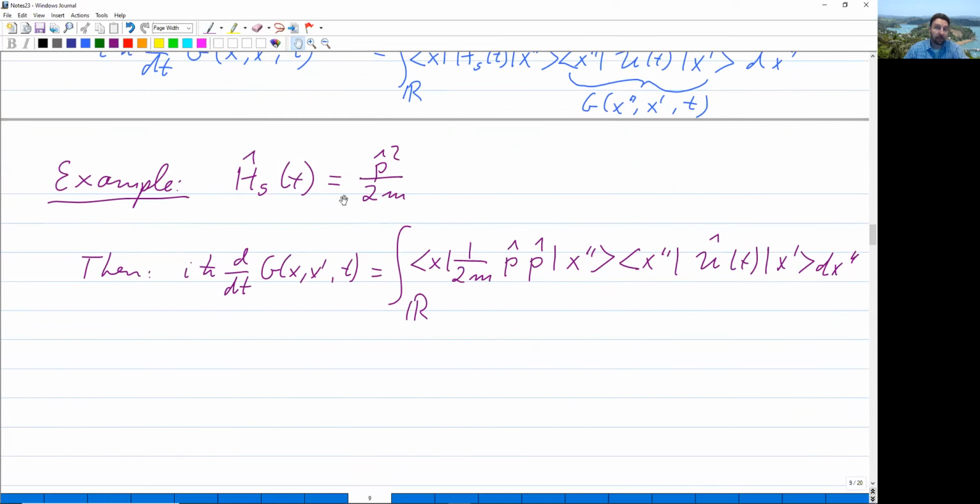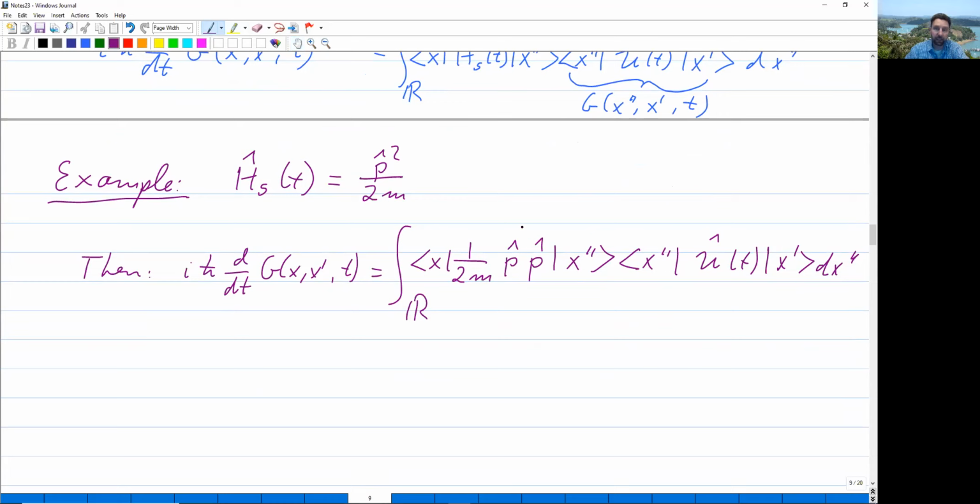Now, our goal has been to rewrite everything in the position basis so that, when we are done with it, we are dealing with a differential equation in the position representation. Now, for that, we need these matrix elements here.